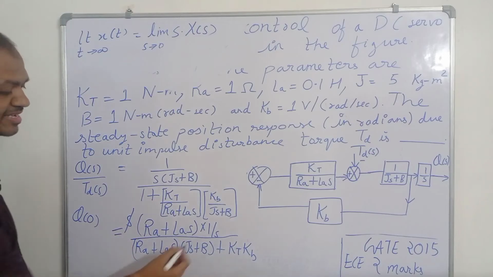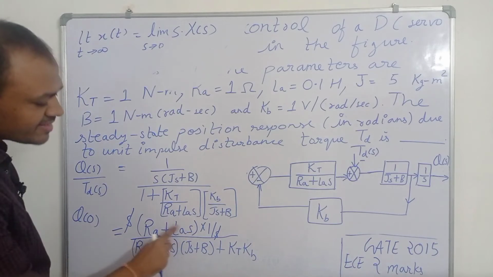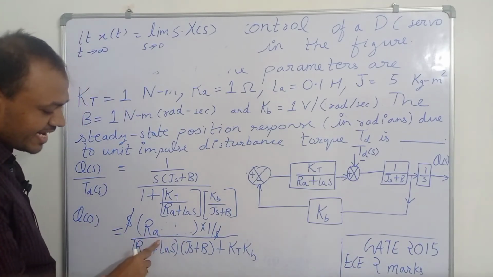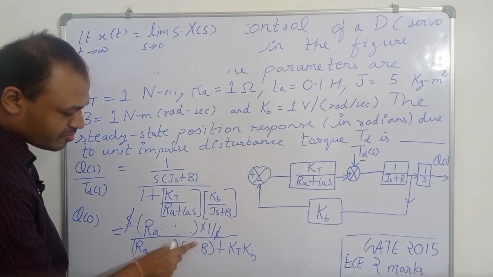If s is multiplied here and the 1 by s is already present, then this will get cancelled. When we put s equal to 0, then this Las will become 0, this Las will also become 0, and this Js will also become 0.